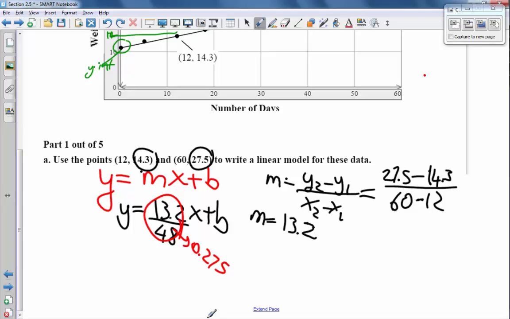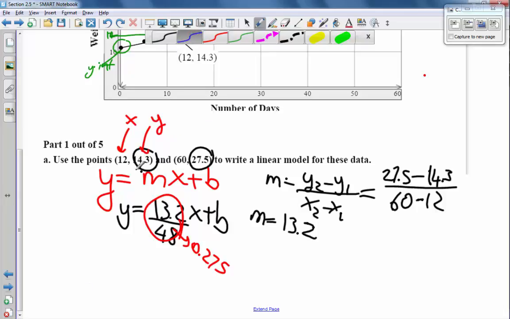Use one of the coordinates. The first one is x, the second one stands for y. Just replace these in x and y in your formula and solve for b. So 14.3 is what I see here, right? It goes into y and 12 goes into x.